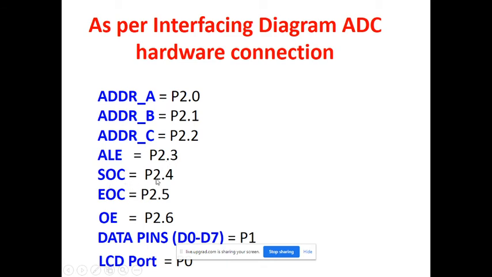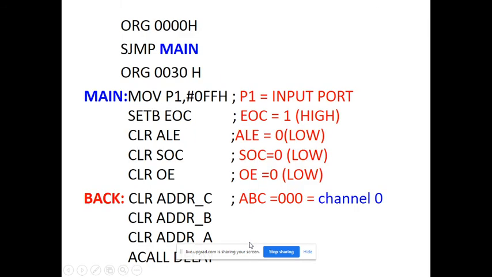Then start of conversion is connected to pin 2.4. Then end of conversion is 2.5 and output enable is 2.6. Then the data pins are connected to the P1 port, and the 7 segment or LCD is connected to the P0 port. Okay, in this fashion I am declaring the hardware connection as per my interfacing diagram.